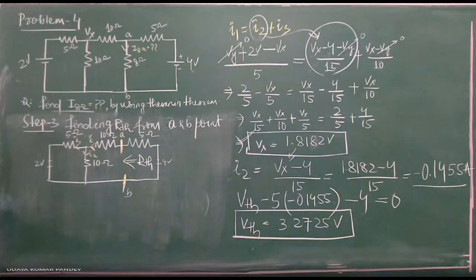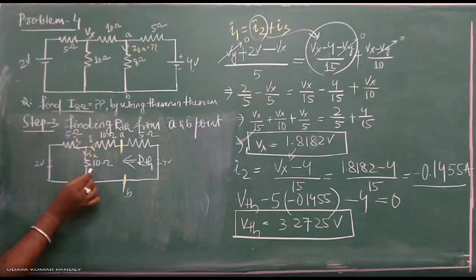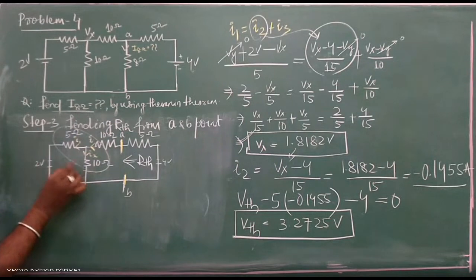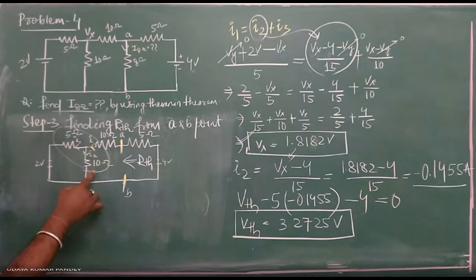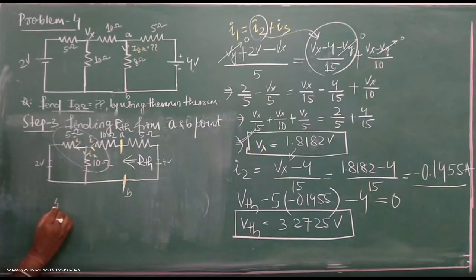Is it understandable? Yes, sir. Okay. Then that means you can see here that these two resistances are connected because current is divided. That means these two resistances are connected in parallel and this is in series. That means I can write 5 parallel 10 ohm plus 10.